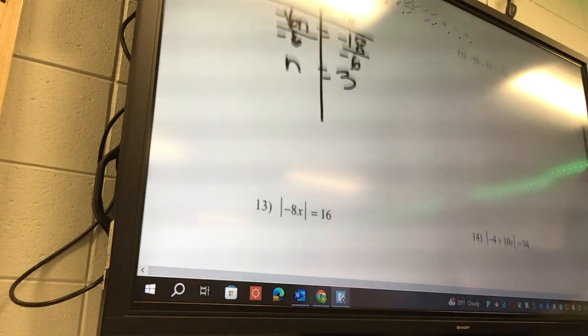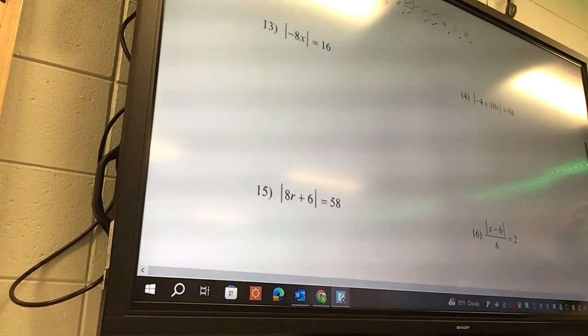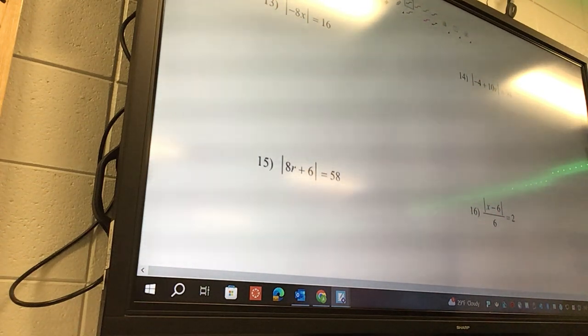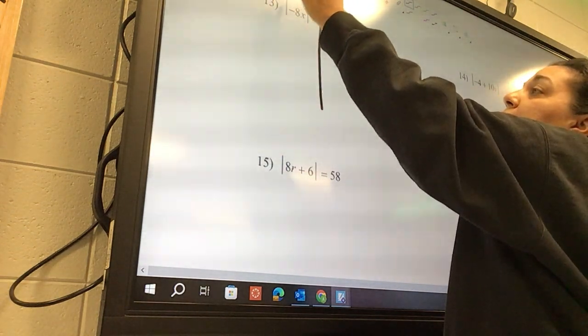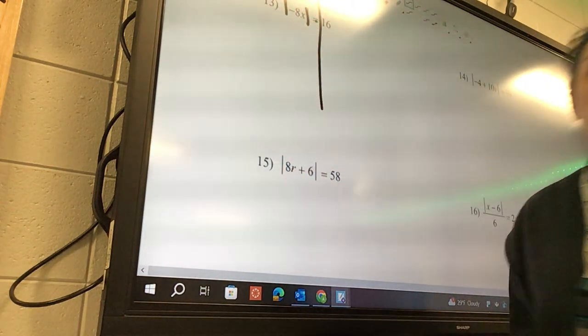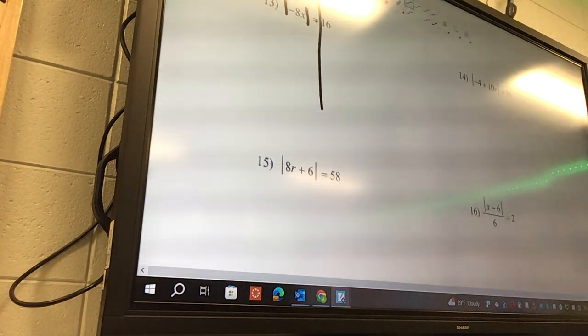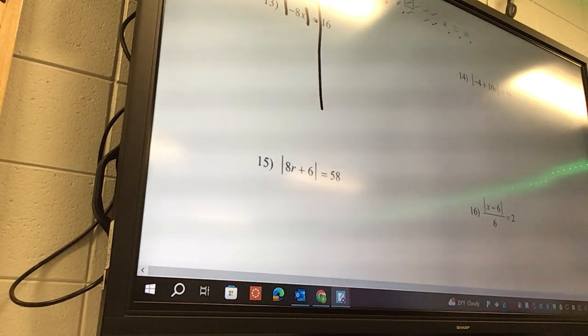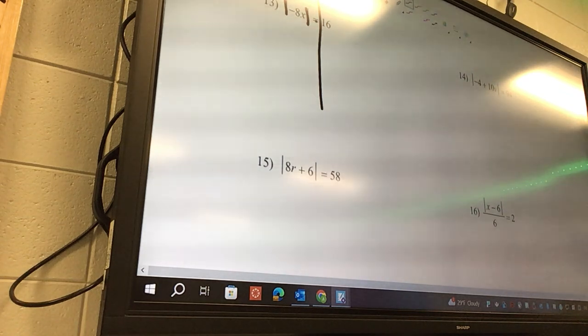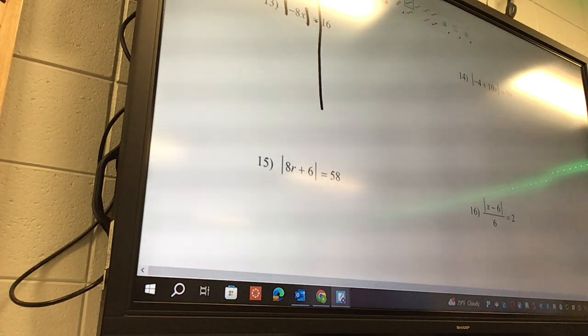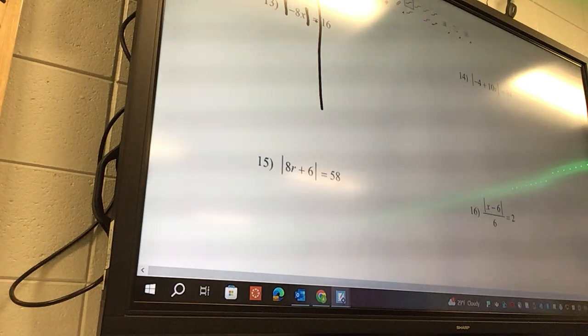Now, on the side where the bars are, if we look at like 13, see how everything on the left side of the equal sign is on the inside of the bars. Okay? Whereas in 15, see the AR and the 6 is on the inside of the bars. Look at 16. What is hanging on the outside of the bars on the left side?